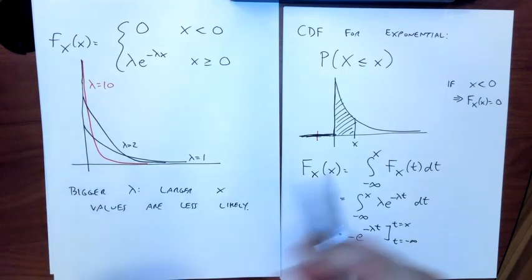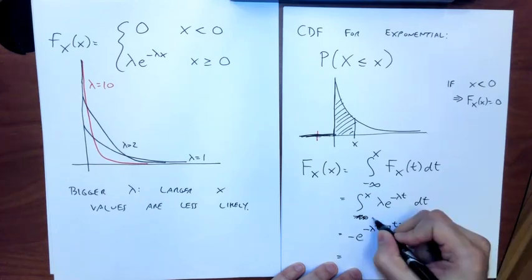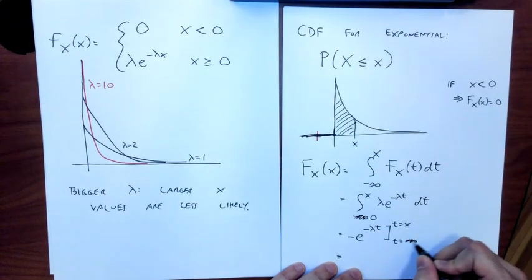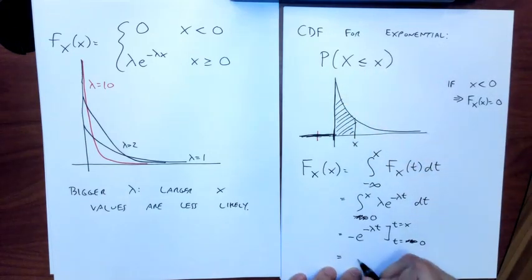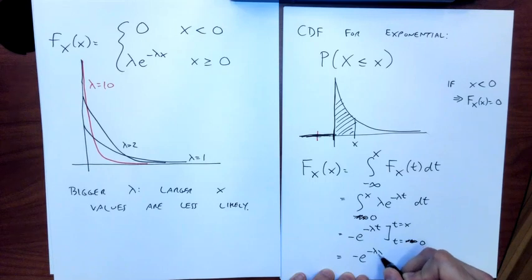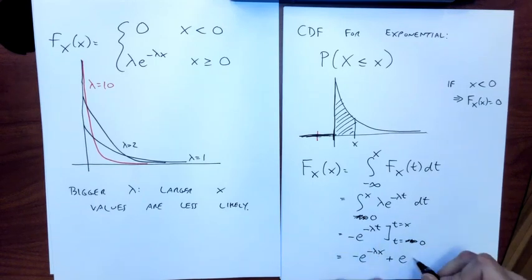And when x is greater than 0, then it's like taking the integral from 0 to x, right? Because the only time that this thing turns on is here. So I should get minus e to the minus lambda x plus e to the 0, which is 1. So I should get 1 minus e to the minus lambda x.